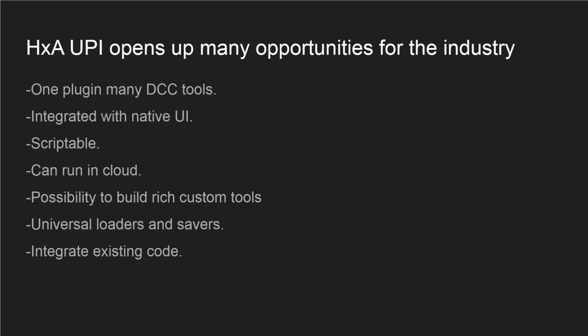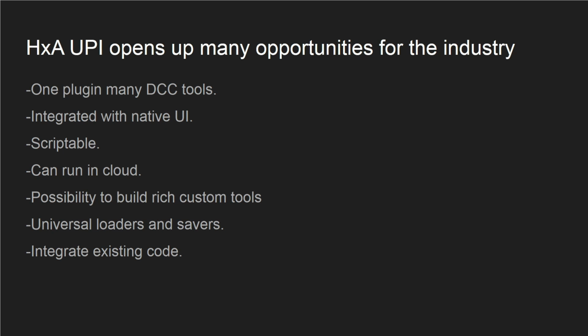So you can say it's really easy to make a custom tool that isn't tied to a specific tool environment, and that's incredibly nice. Another thing is that since we have loaders that load into HxA, we now have universal loaders and savers. And that means that any application that can load in a file using the plugin interface can now take a new saver and loader. And that means that if you're using an application that supports this, and somebody comes up with a new graphics format or something custom, you can just get that plugin, drop it into the plugin directory, and boom, now your application supports this new format.